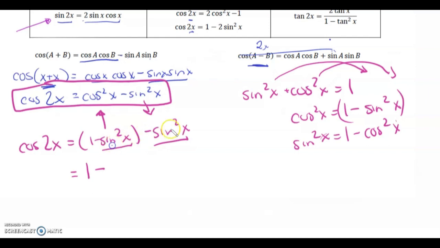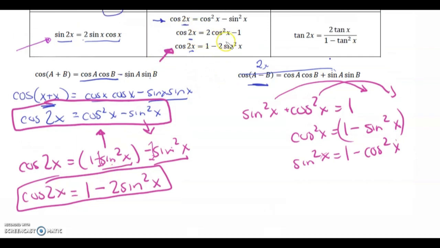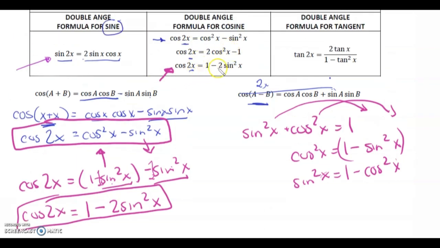These are like terms, so we're going to get negative 2 sine squared x. And you can see that this is the third one down up here.